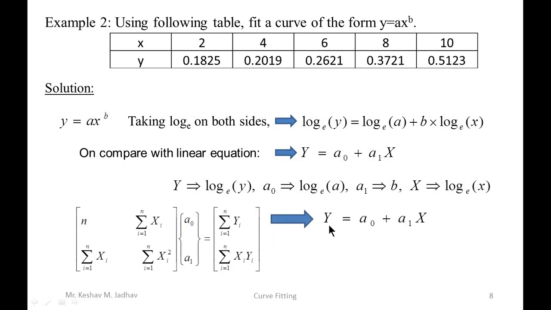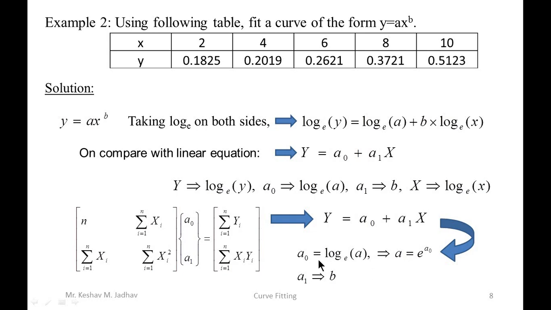So to fit the linear equation, we have to solve this matrix. So after solving this matrix, we will get values of a0 and a1. But we need values of a and b to fit power equation. So by using these relations, we can calculate values of small a and b. Here we have a0 is equal to log a. So we can rewrite that equation as a is equal to e raised to a0.